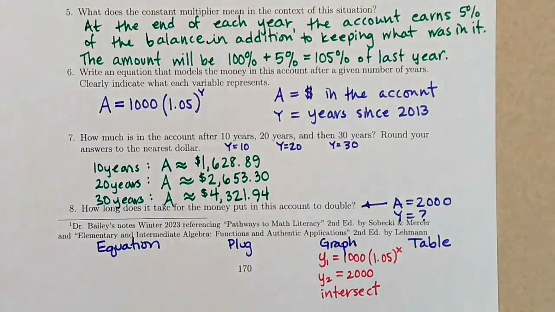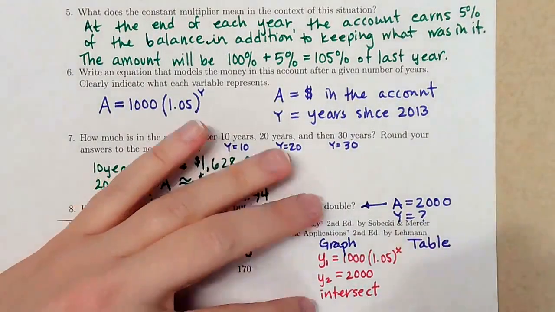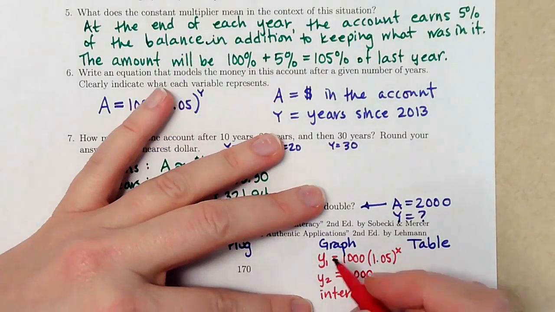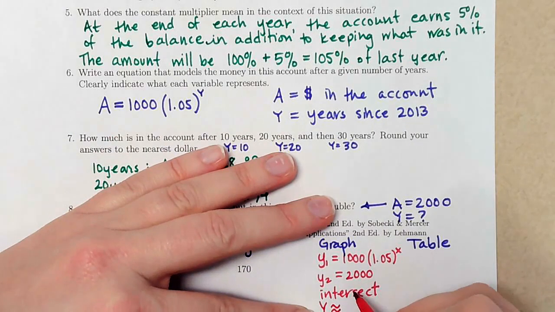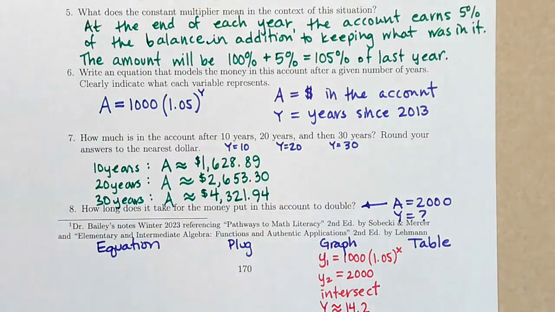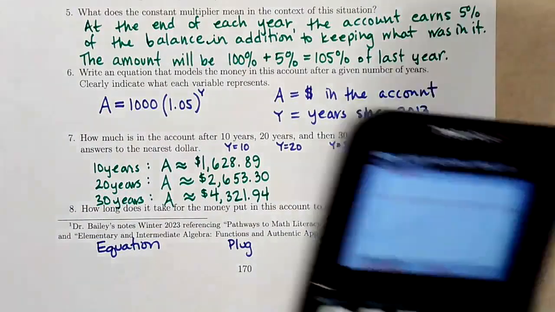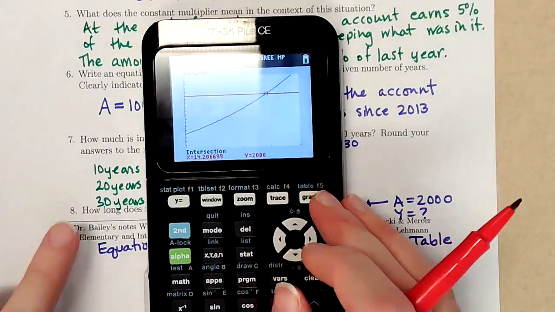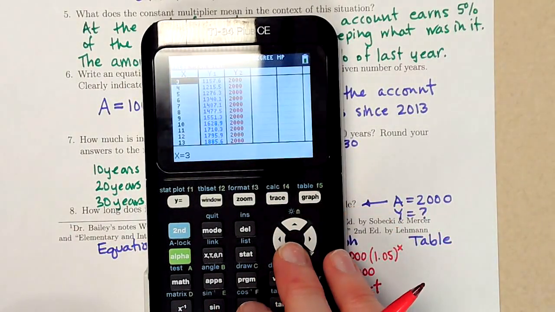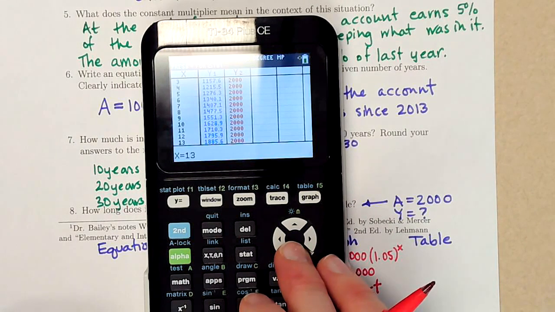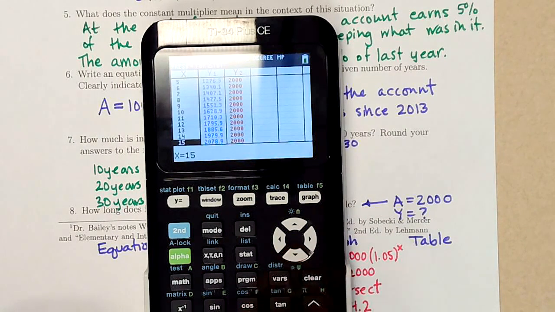Lovely. So the intersect is, so Y is approximately 14.2. Got it. The table, I mean, you would just go second table, and then you would hunt for where they equal, which is right around there.